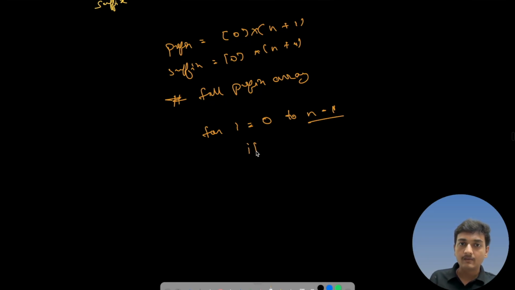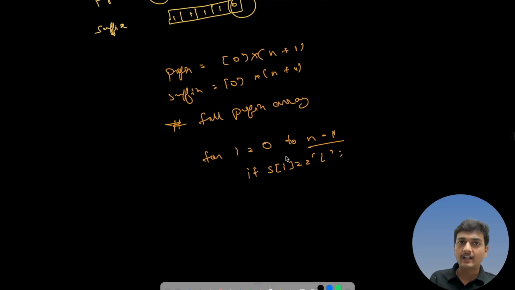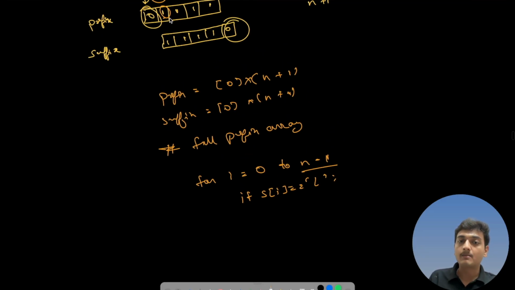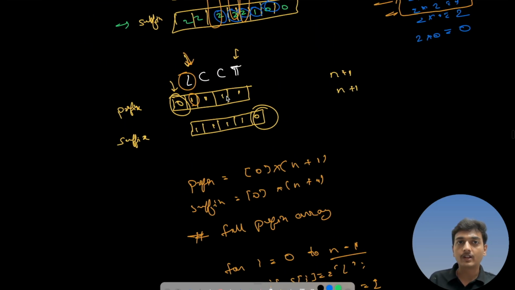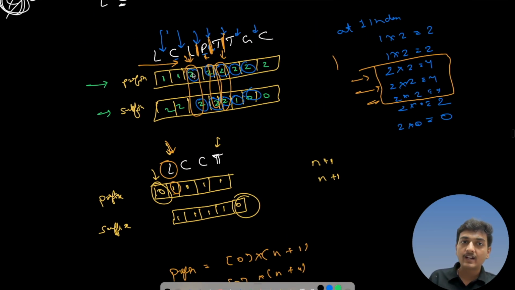Now if string of i equals L, because I am just worried about L while filling the prefix array. If it is L, I can mark a 1 here. So prefix of i equal to 1. Now one more thing we were doing here: we were adding 1 here, but you can see I added the last element as well. So how was L 2 here?